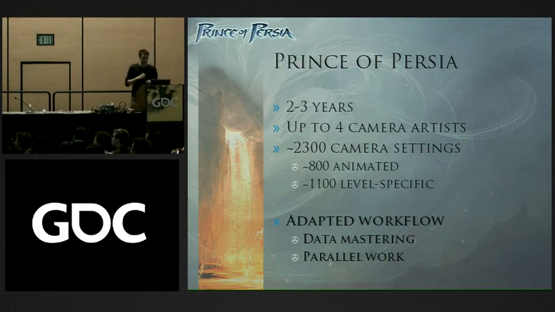On Prince of Persia, we had about 3 years of production, and we had up to 4 camera artists at the same time. So in the end, those awful numbers, more than 2,000 camera settings. That's a lot, and you have to give them the tools to handle that very huge number of different settings.